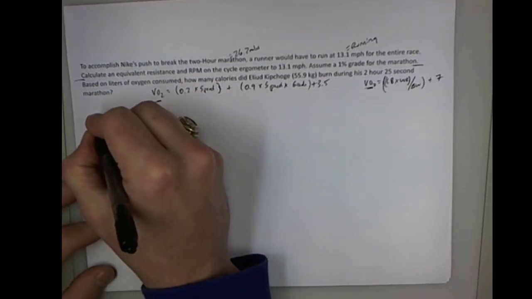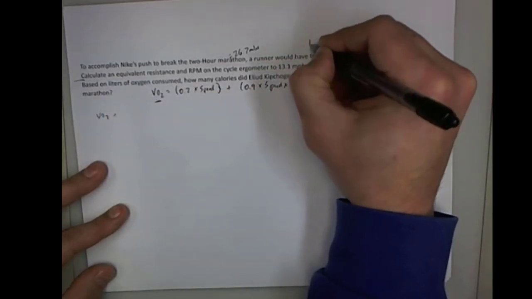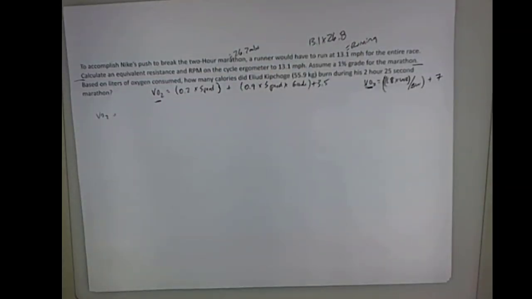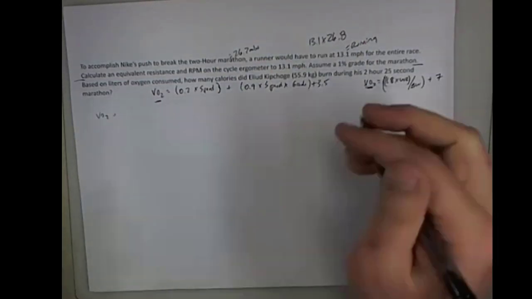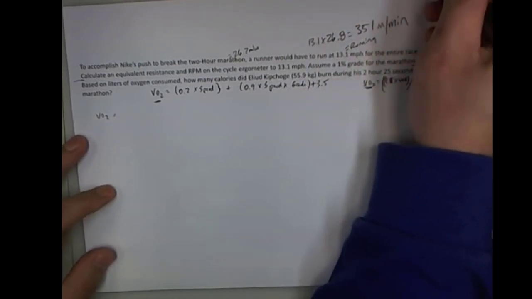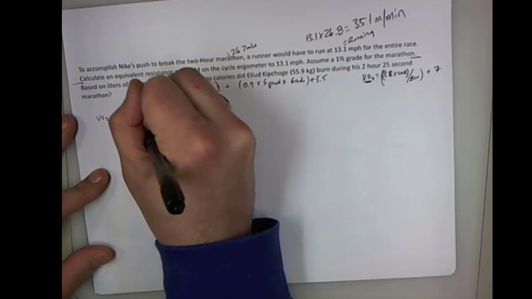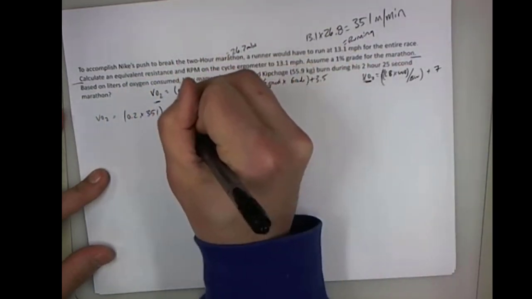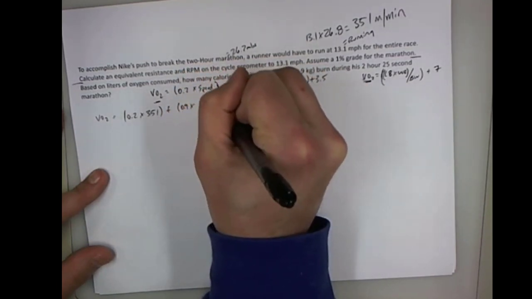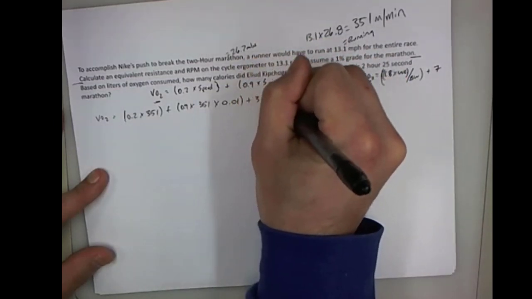So first let's solve VO2 while running. First, 13.1 times 26.8 equals 351 meters per minute. So our VO2 equals 0.2 times 351 plus 0.9 times 351 times 0.01, or 1% grade in decimal, plus 3.5.